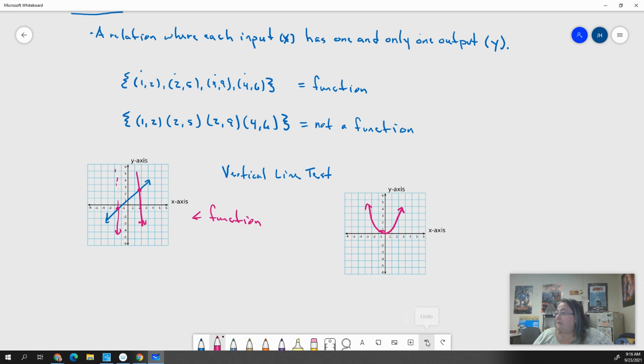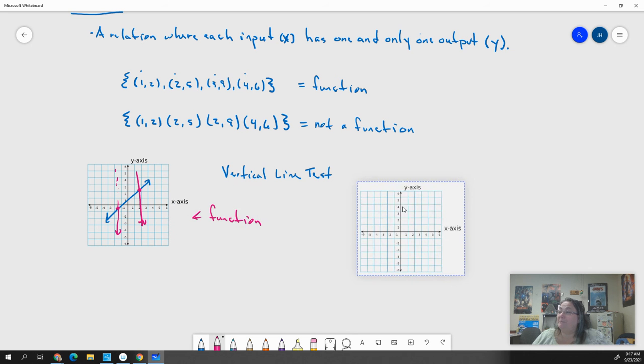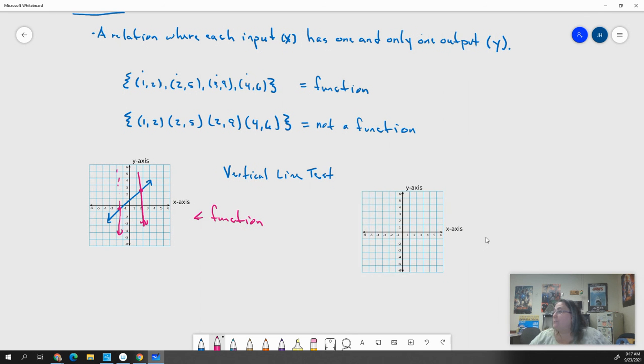What if I do it as, come back over here. I got to get used to this. I'm not used to playing with these things. What if I have a parabola going like this off of the y, like x equals y squared?